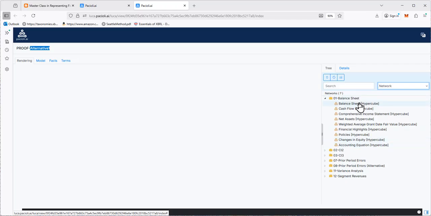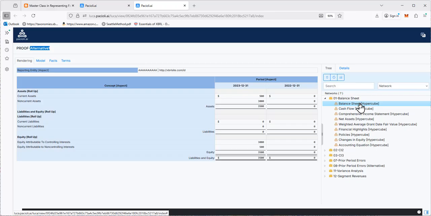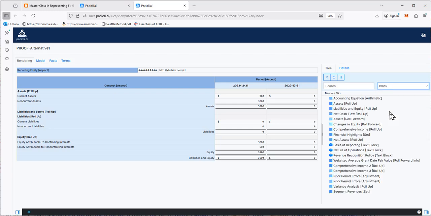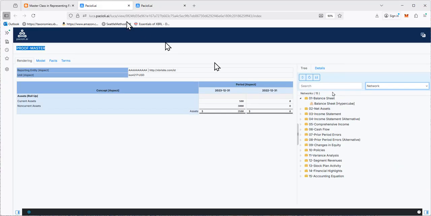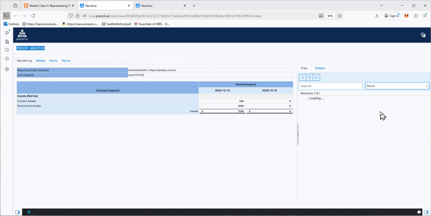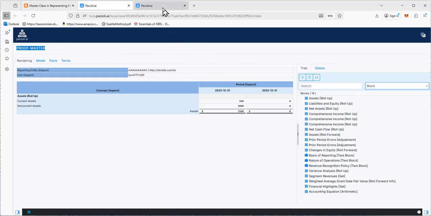So, as you can see, even though I moved all of these hypercubes into one network, the information, the blocks of information, have not changed at all. So again, here's the master blocks of information. So in addition, the disclosures have not changed.